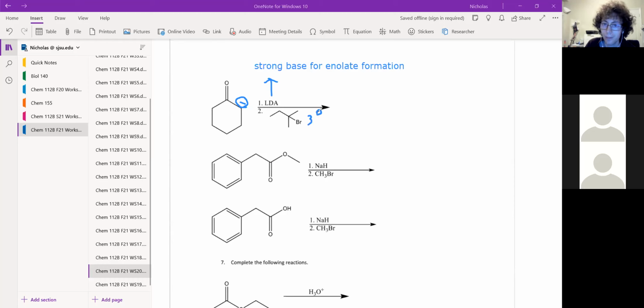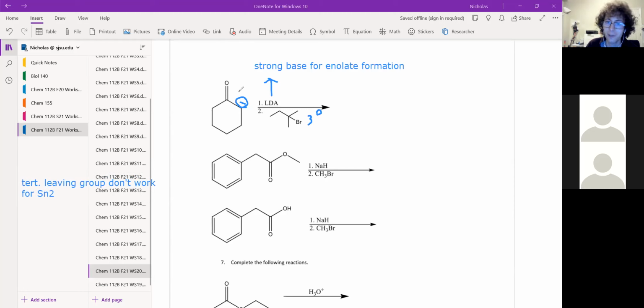this is tertiary. Remember, tertiary leaving groups don't work with SN2. So you could probably put no reaction. That might be safe because it's not doing what you want it to do.